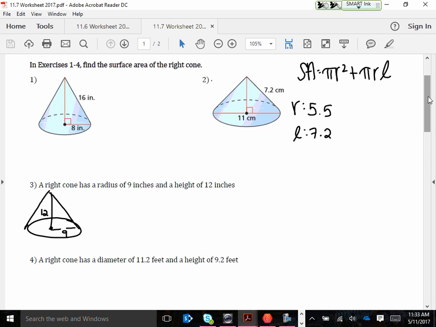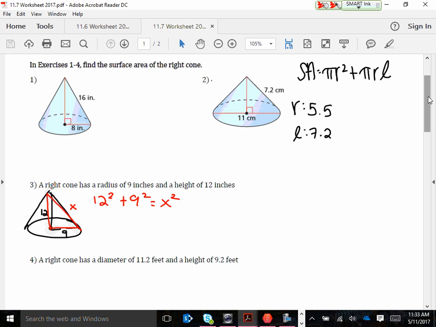So what do I have to do to find the slant height? a squared plus b squared equals what? Pythagorean theorem, yeah. So 12 squared plus 9 squared equals x squared.